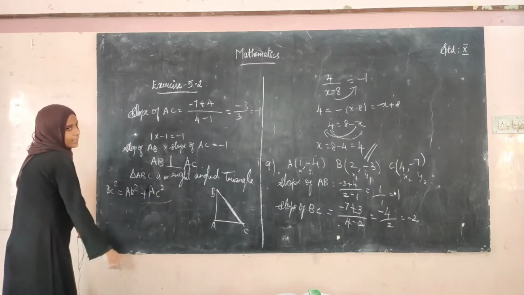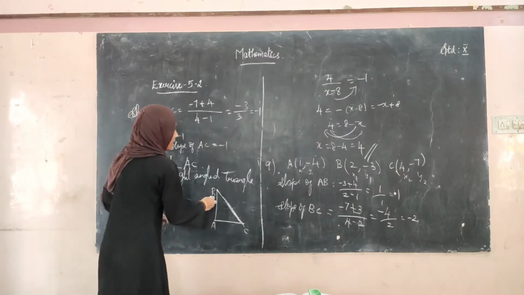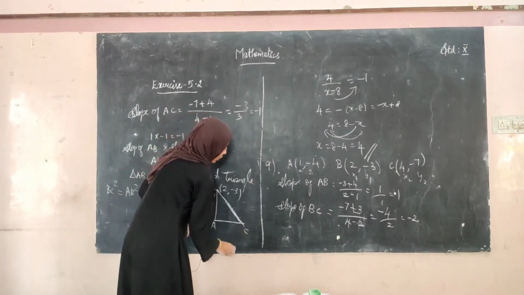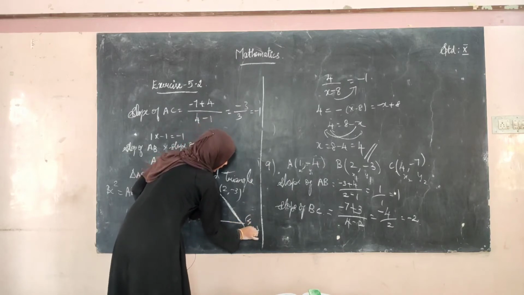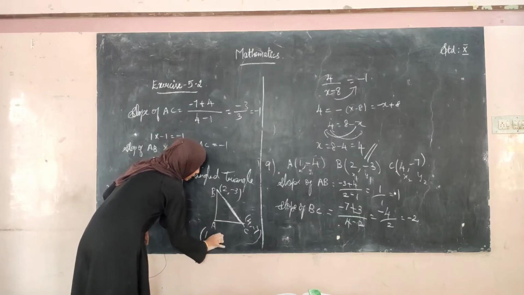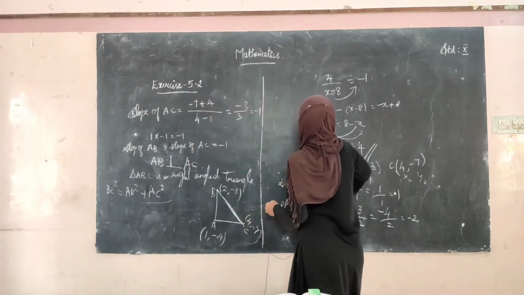We have to check whether the given points satisfy this condition. B is 2 comma -3, C is 4 comma -7, and A is 1 comma -4. Shall we check whether it satisfies the condition?